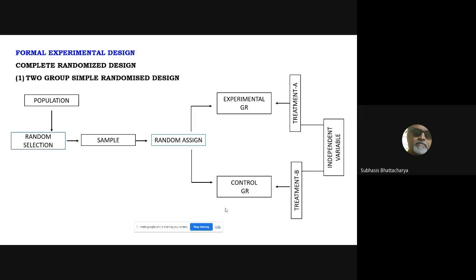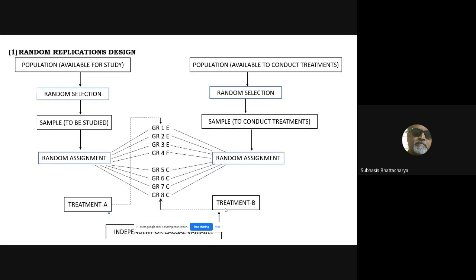So to remove such problems, we consider the random replication design. Each repetition is technically called a replication. Random replication design serves two purposes. It provides control for differential effects of the extraneous independent variable, and the second is that it randomizes any individual treatment among those conducting the treatments.